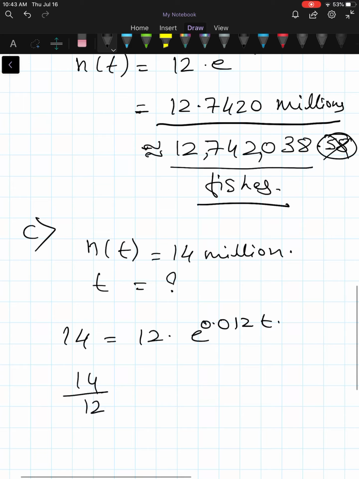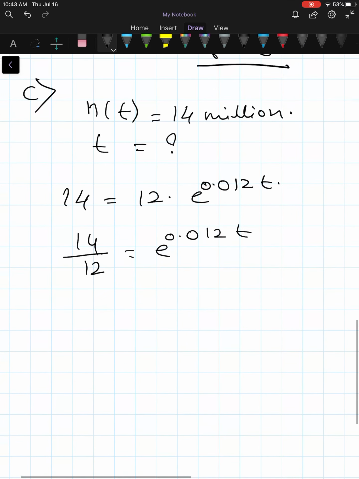So 14 divided by 12, which is 7 by 6, is equal to e to the power of 0.012 t.